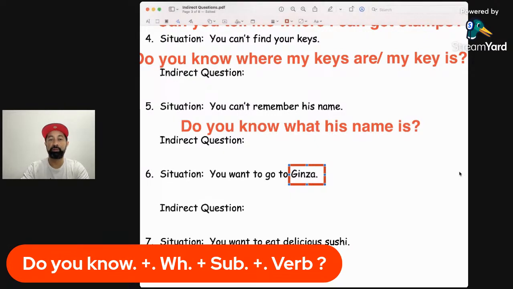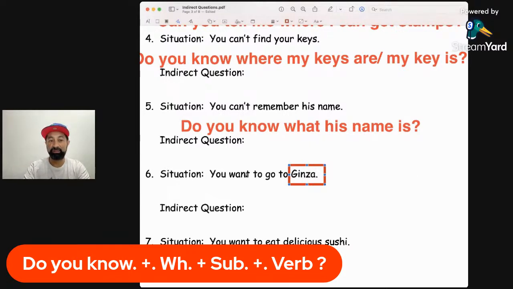All right, so situation number 6, you want to go to Ginza. This is an area in Tokyo. You don't know how to go there. So you see a police officer. And what question will you ask the police officer?